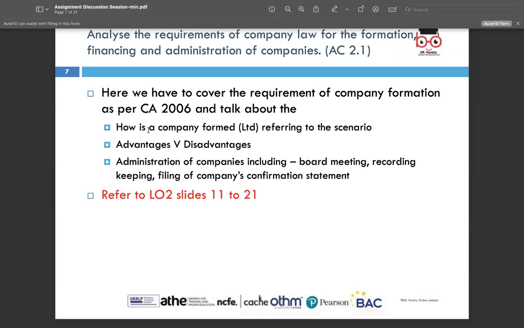If you search for Companies Act 2006, it will take you to the government website, something.gov. The complete Companies Act 2006 is available there, if you want to read that. This is a very good one as well.